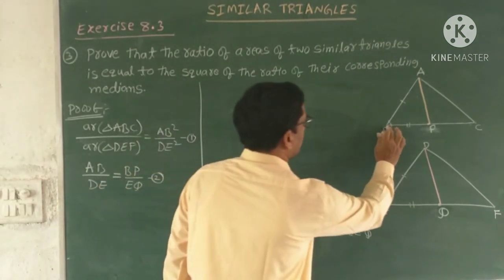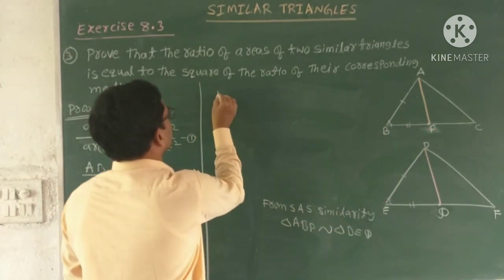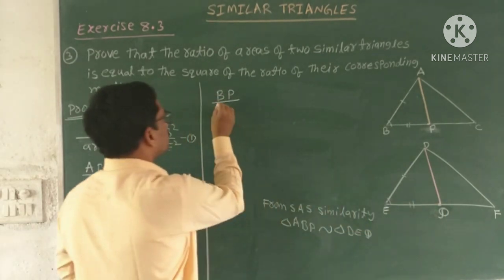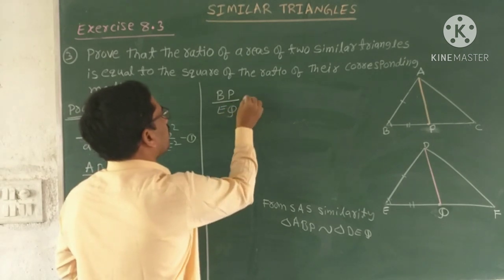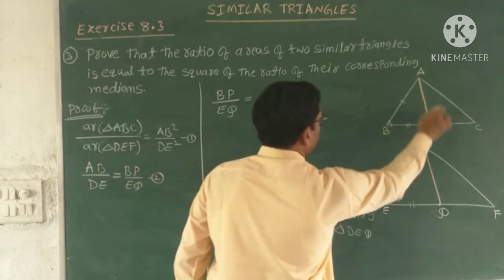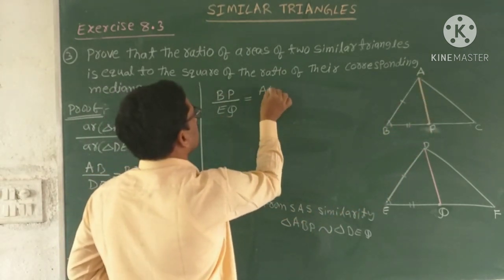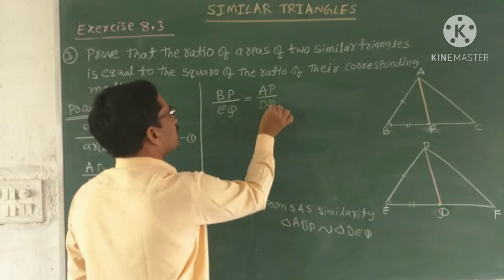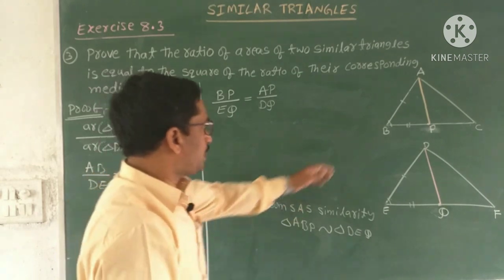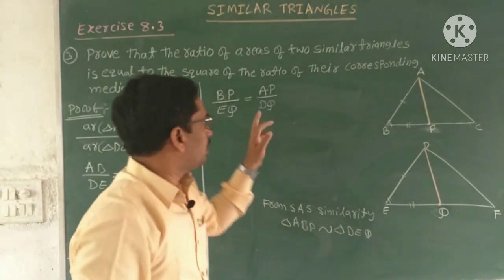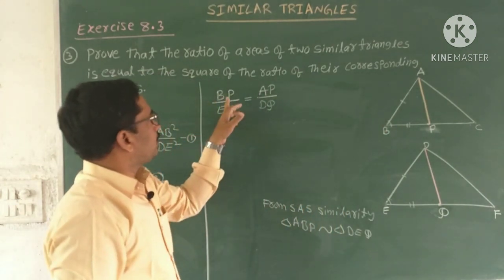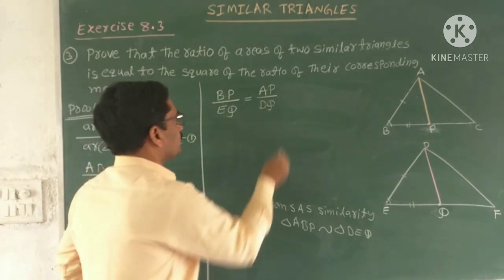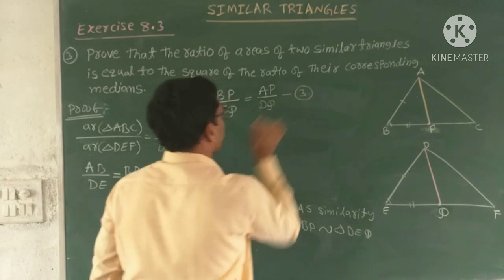See here I am taking the side BP by the corresponding side EQ is equal to the median AP by its corresponding side DQ. You can also compare the third side, but there is no need. I am taking only the two sides. BP by EQ equal to AP by DQ. Say equation number 3.